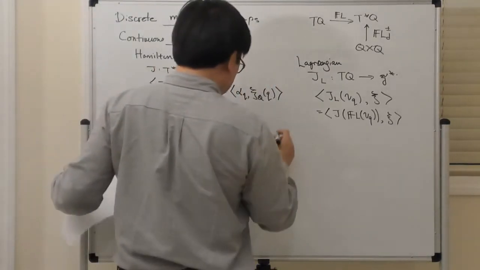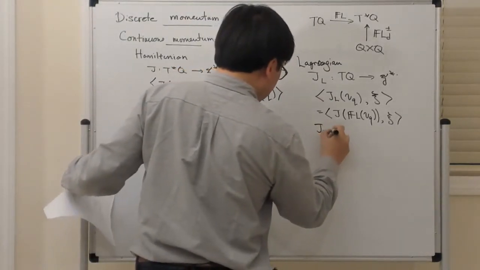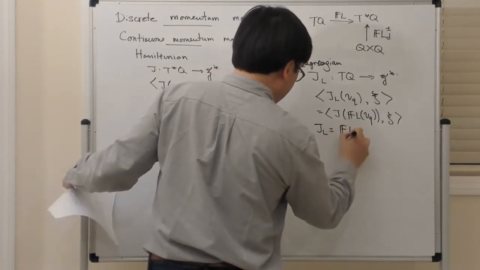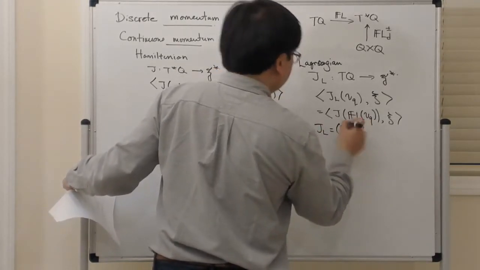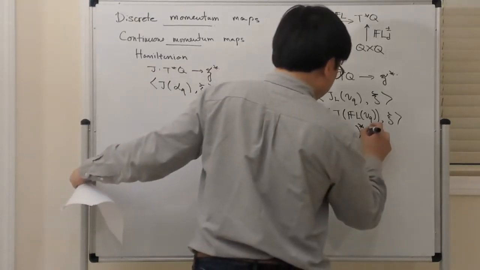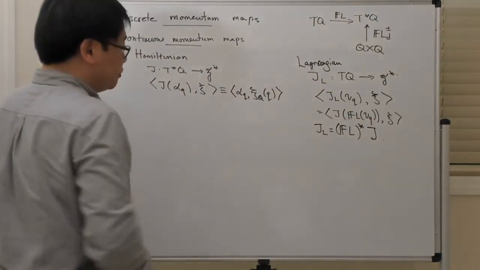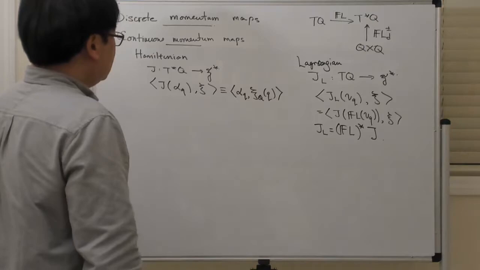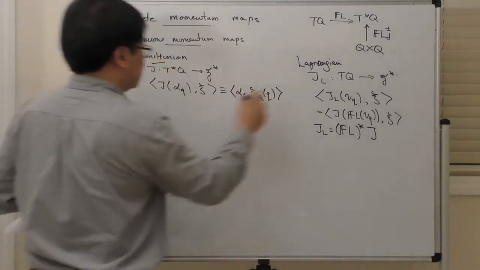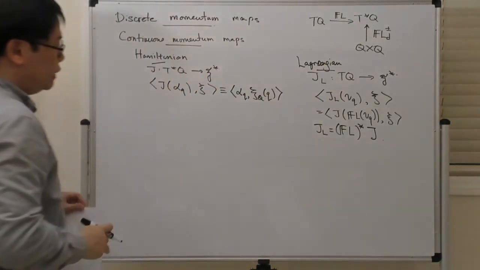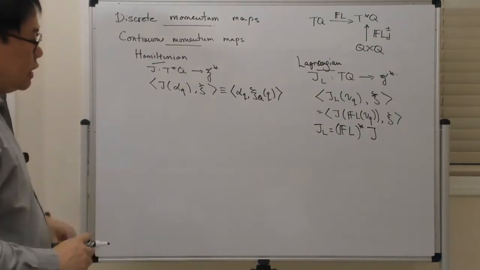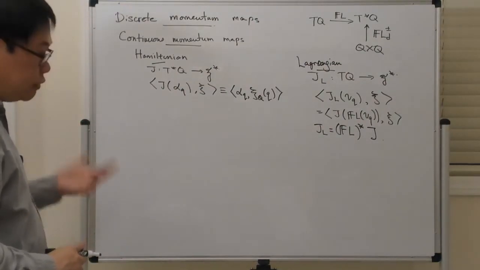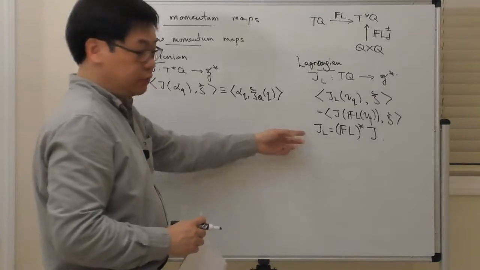This is telling you that J_L is the pullback by the continuous Legendre transform of the cotangent bundle momentum map. With that observation, it's not so surprising that the discrete momentum maps are defined in a similar way.